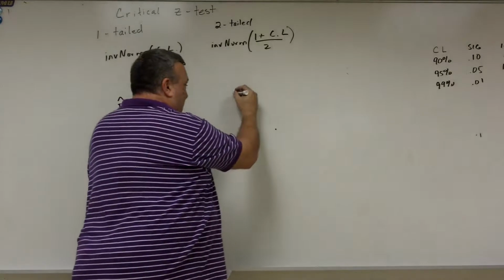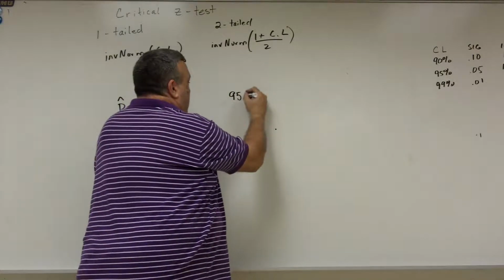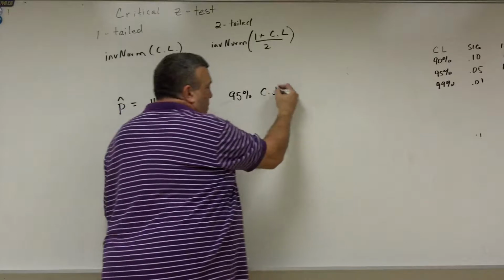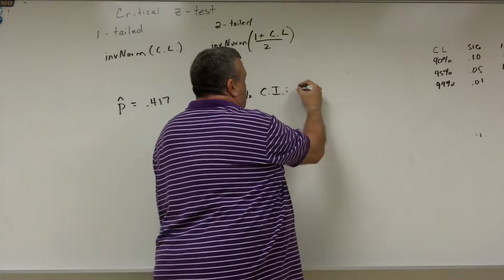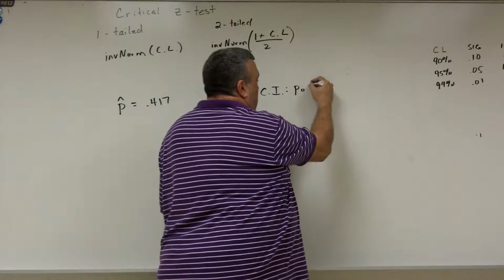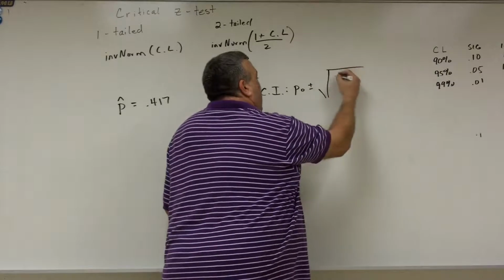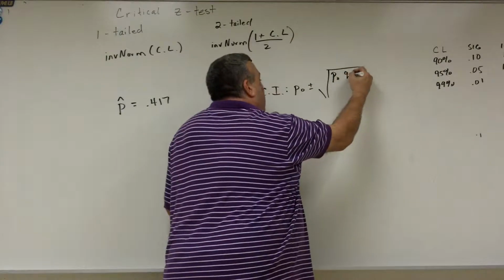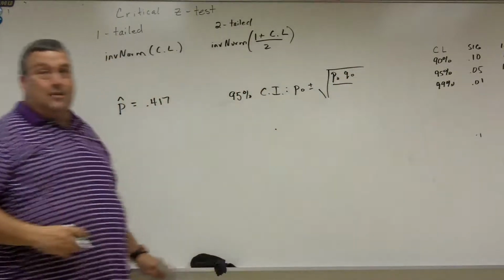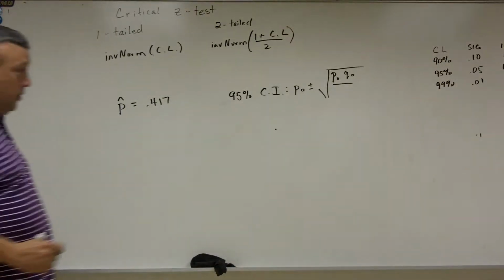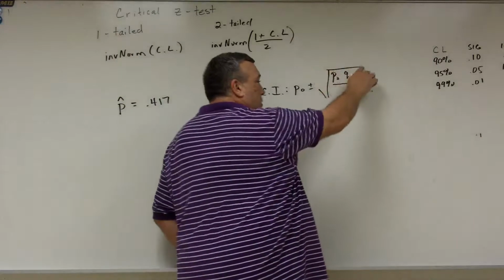And if you construct a confidence interval, which is going to be like P0, okay. And you're probably going, why is he doing P0? Because remember, when you do a hypothesis test, instead of using the P hats in these formulas, we use P0, because we're assuming P0 is right.